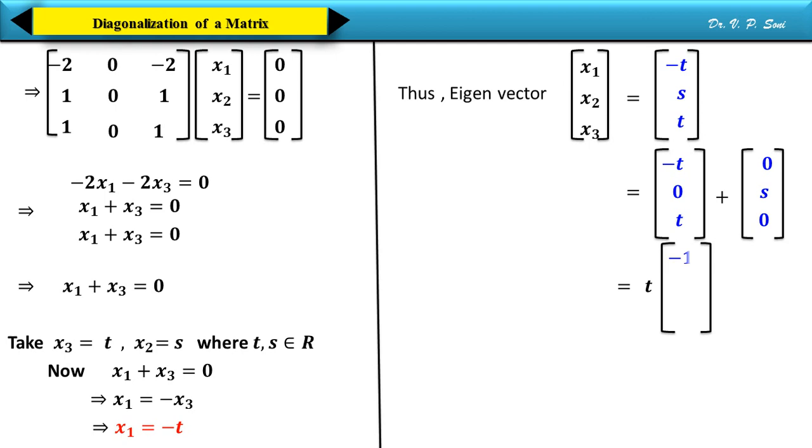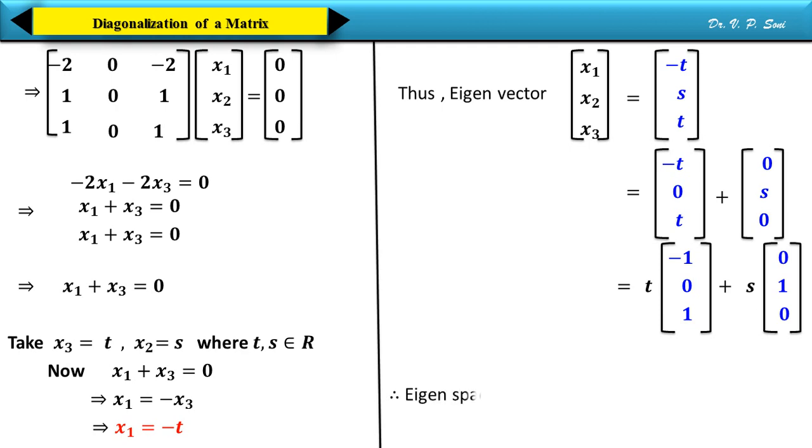Now take t as a common factor in the first vector, then we get t times vector minus 1, 0, 1, plus take s as a common factor in the second vector, then s times vector 0, 1, 0.